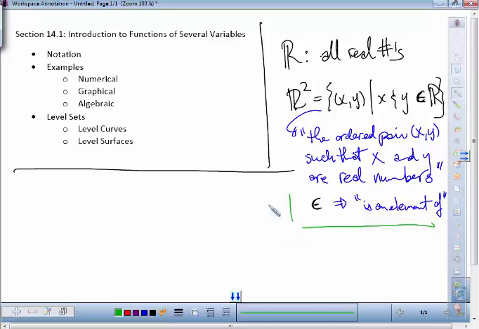Some more notation. We are very familiar with y equals f of x. f of x is a representation of some arbitrary function.